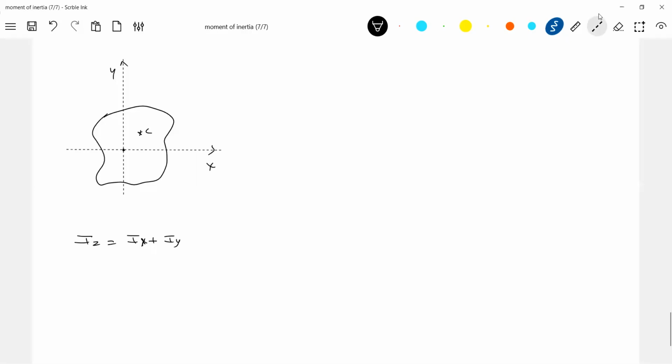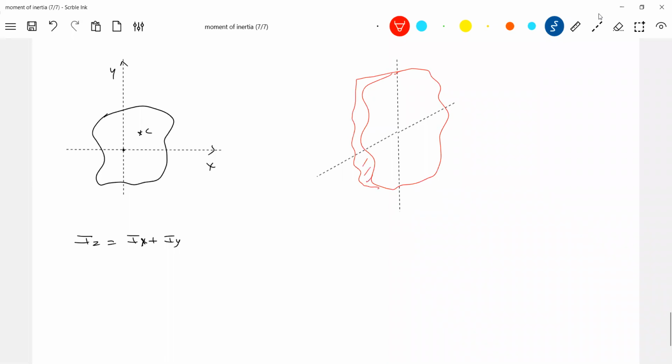So means I'll make it YZ plane. One more will take it. Now the body lies in which plane is it lying?